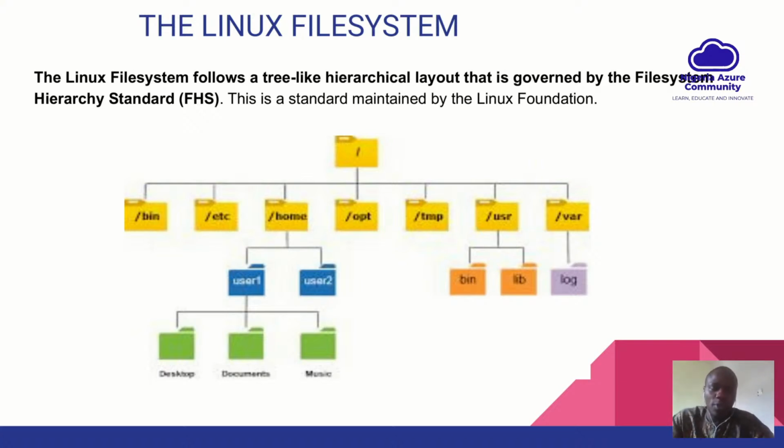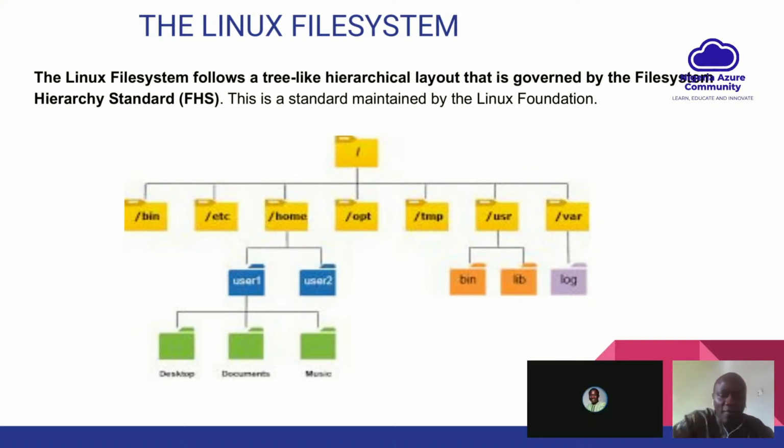What do you mean by that? Just take, for example, a tree and look at it from the root down to the stem and the leaves. That is how the Linux file system tree is. Just look at a tree upside down. We have the root. That is why we have the slash.